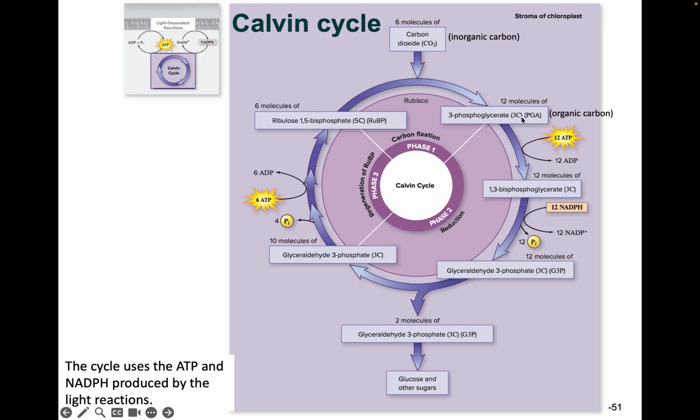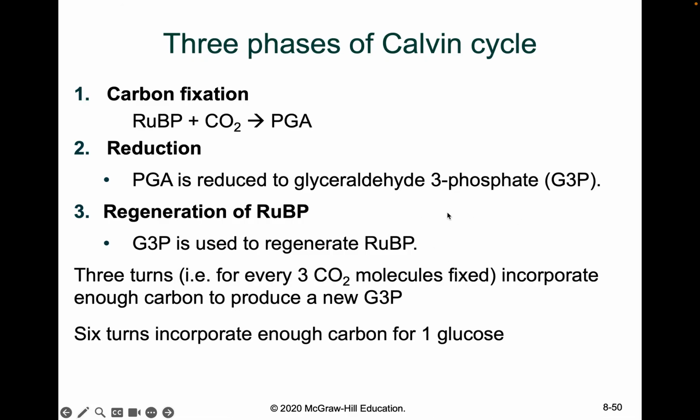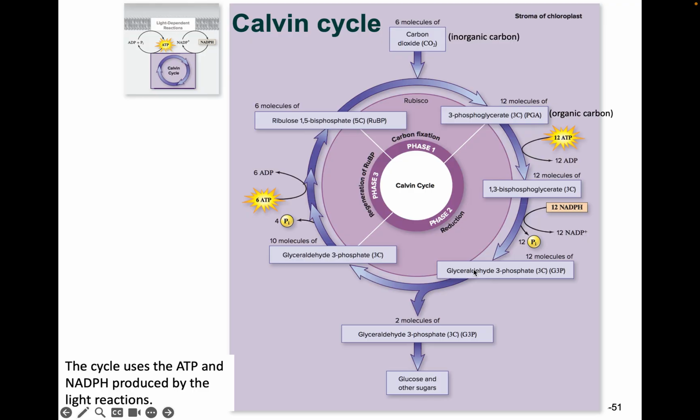So you get two of these 3-phosphoglycerates, and these will be turned into 1,3-bisphosphoglycerate by adding phosphates, which are then broken down into glyceraldehyde 3-phosphate. So this is the G3P that we're talking about. Some will go back into the regeneration of RuBP again, and some will go into the production of glucose.